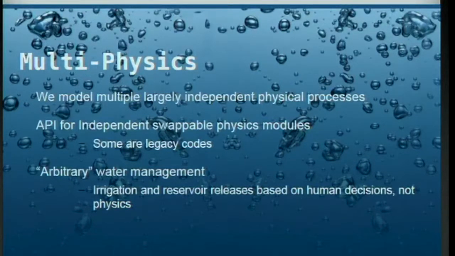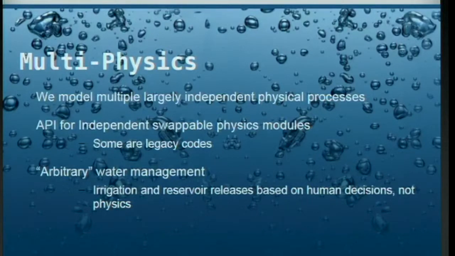And then the water that comes out of the bottom of your snowpack goes into the ground, and we use all the rest of our physical models to determine what happens to it after that. So this idea of swappable independent physics modules is kind of a neat and interesting idea that we are implementing in our code.